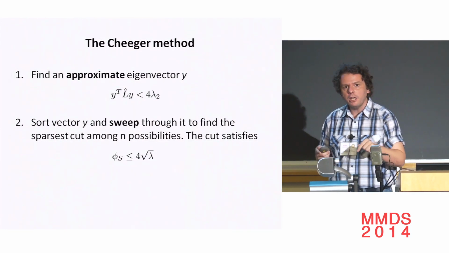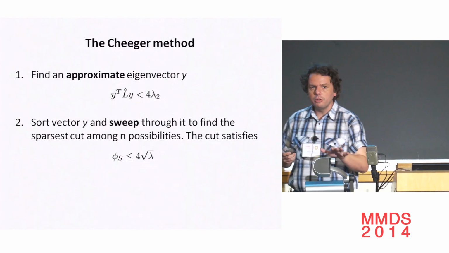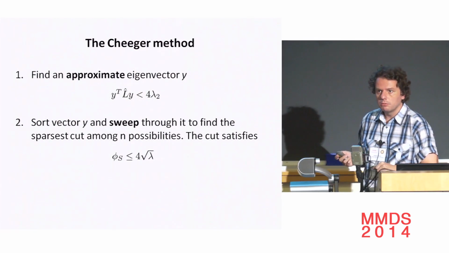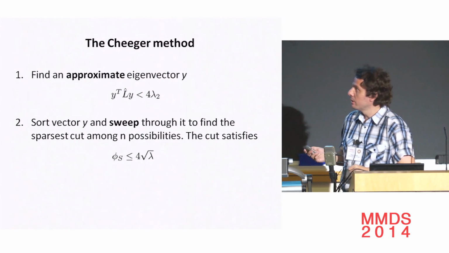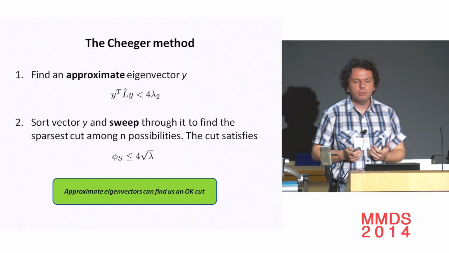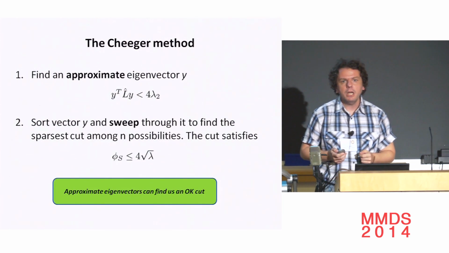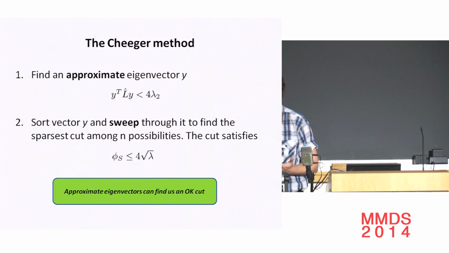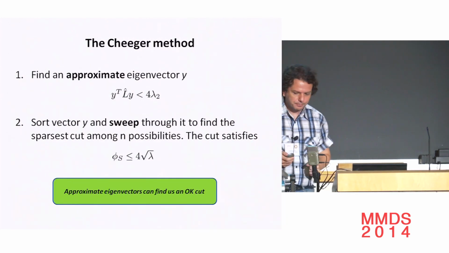That particular cut actually has a relatively small sparsity. Okay? So in other words, approximate eigenvectors can find us a cut which is not perhaps great, but it's okay. It's not bad. All right.